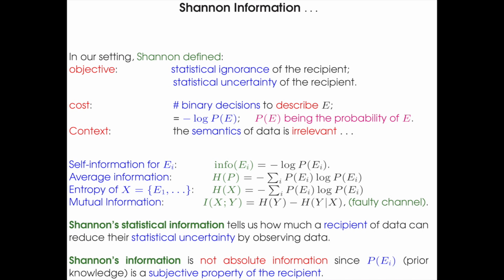If you average over all events, like we did here, we are getting entropy. There is Shannon entropy, which is related to Boltzmann entropy, but that's what it is. Finally, when you have 2 events, when you are transmitting some signal X and receiving signal Y on the other side, Y has its uncertainty in the entropy, but it's reduced by the fact that I learned something from X. This difference is called the mutual information, which I will use at some point.